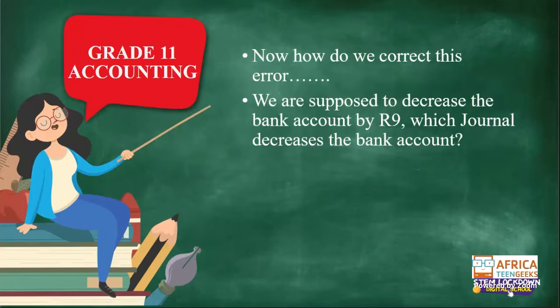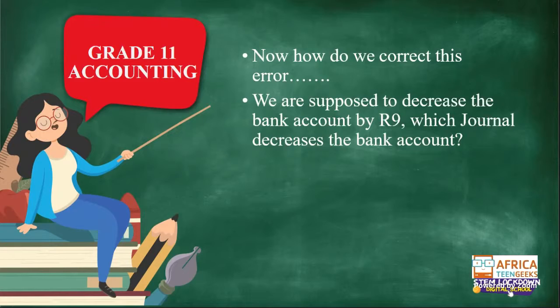It was increased by 54 rand instead of 45 rand. So there is this 9 rand extra. We need to subtract it, right? So this implies that we are decreasing our bank balance of 54 rand by 9 rand to be 45 rand.